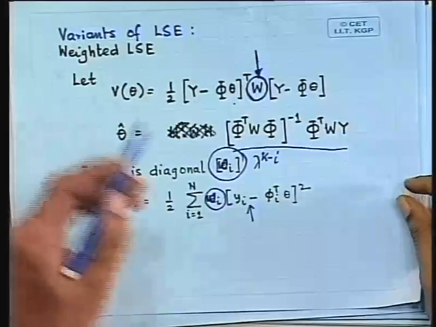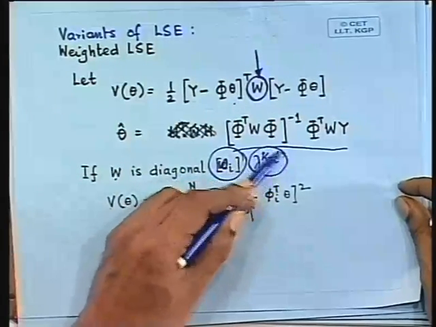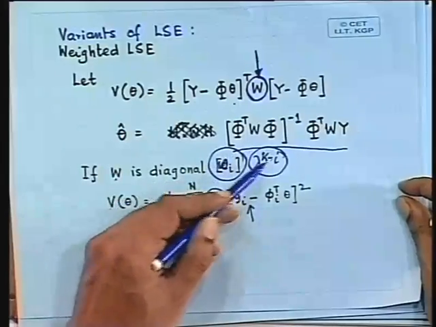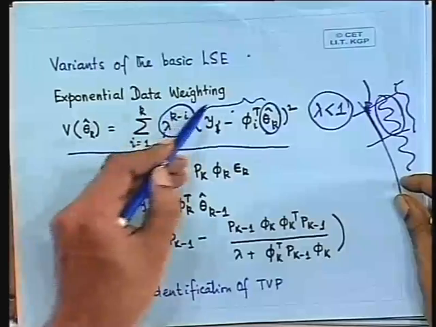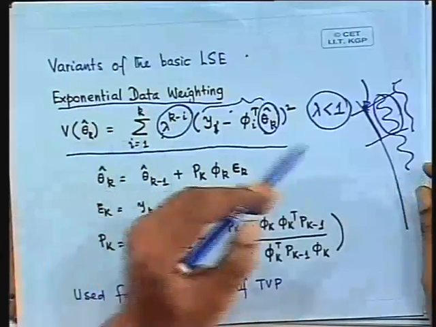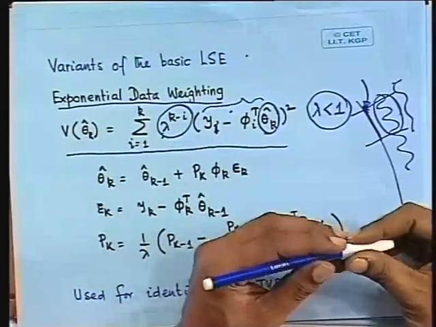Correct. Since this is an exponential, this kind of strategy is called exponential data weighting, sometimes called exponential forgetting, because you forget the past at an exponential rate.